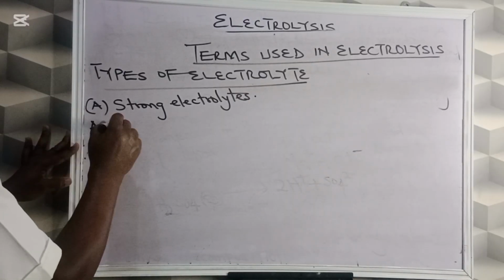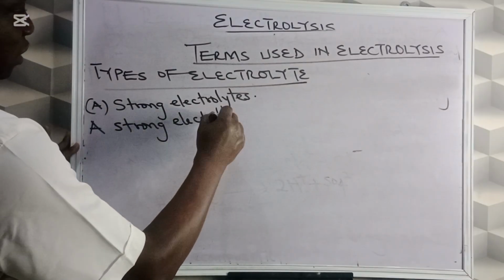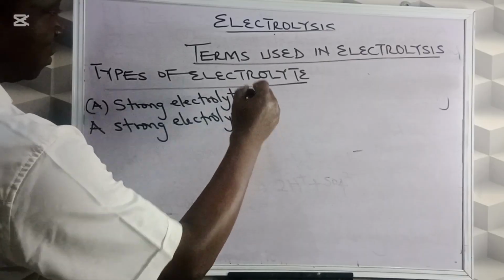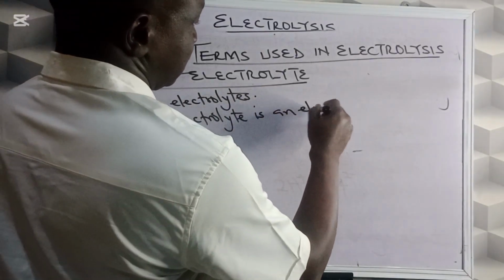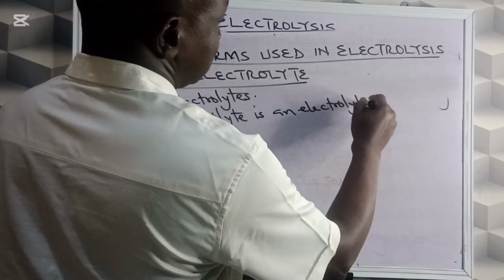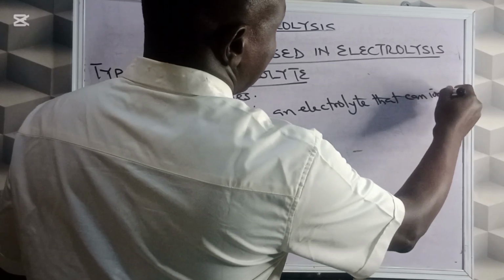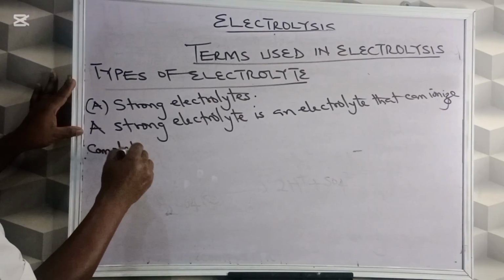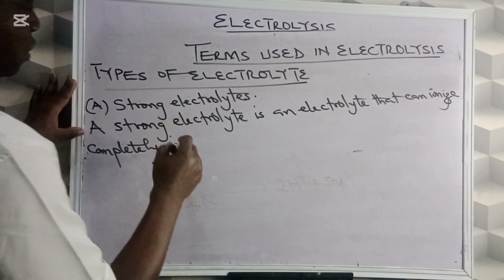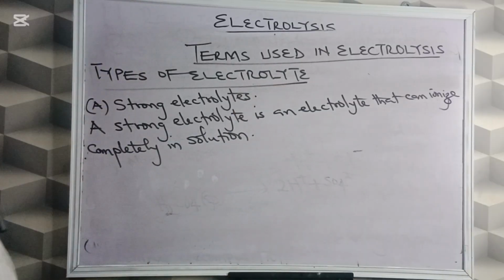A strong electrolyte is an electrolyte that can ionize completely, totally, in solution. We call it a strong electrolyte.